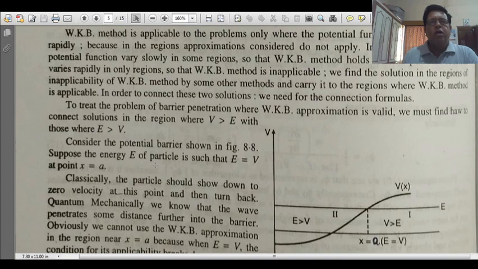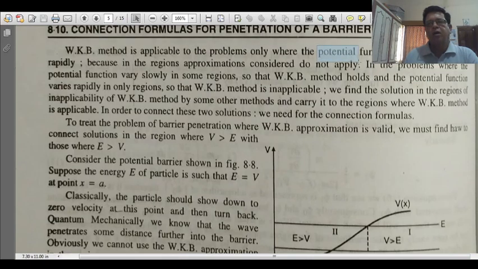Now, we know that the WKB method is only applicable where the potential function does not change too rapidly, that is, where the potential function is a slowly varying function of position, because in regions of rapid change the approximation method does not apply.